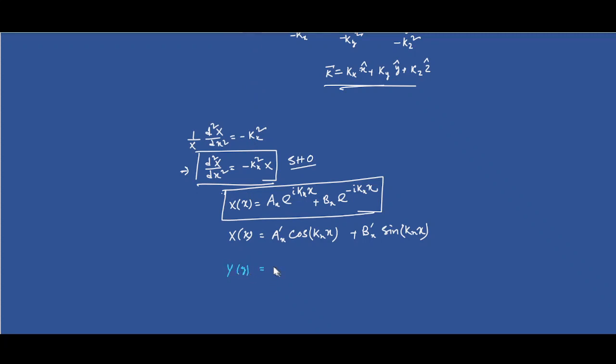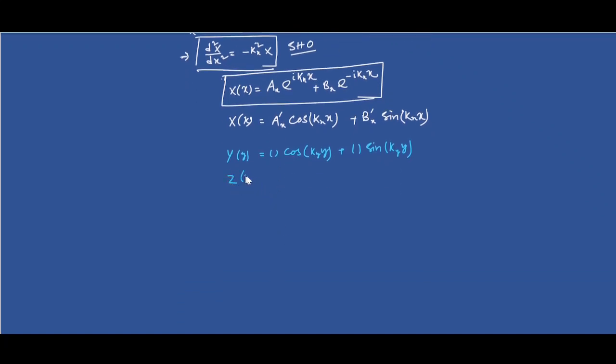Y will be some constant times cos ky y plus some constant times sin ky y, and for z also we are going to get z equals to some constant times cos kz z plus some constant times sin kz z. And let me draw the 3D box here again.